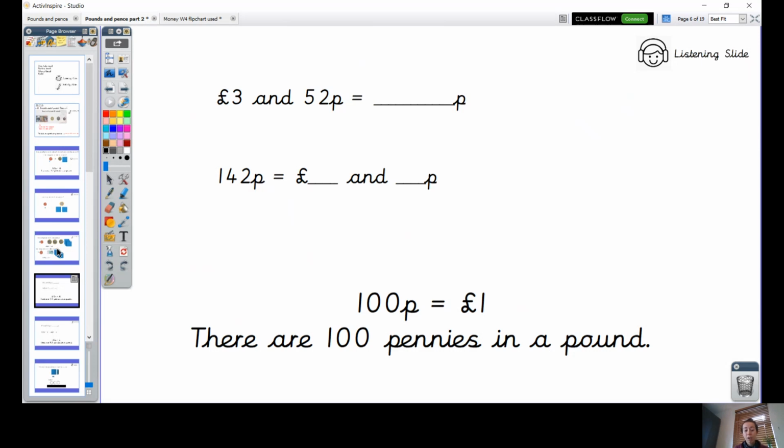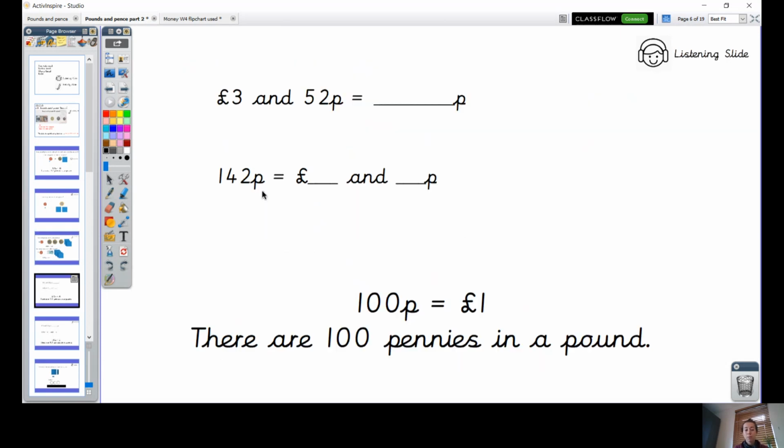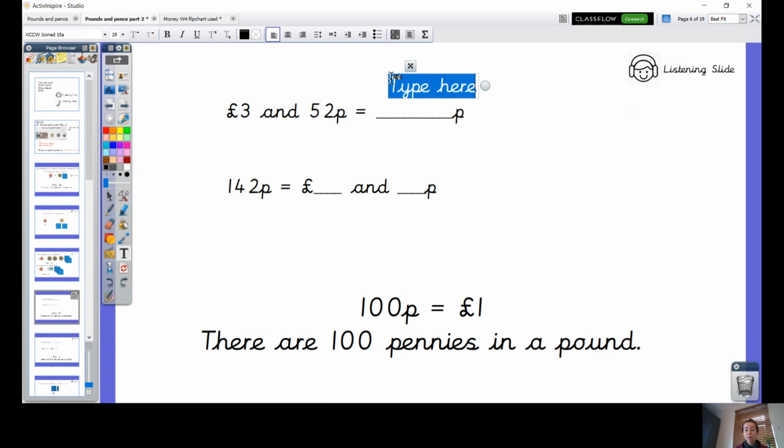And if we have a look back, we did this one, didn't we? There are 300 pennies in £3. So I know that's 300 pennies. And here I've got some more pence. I've got 52. So 300 add 52 is 352 pence. Can you see how we did that?